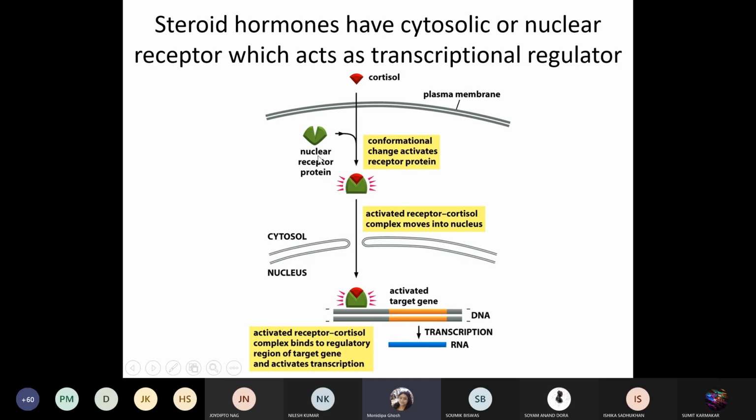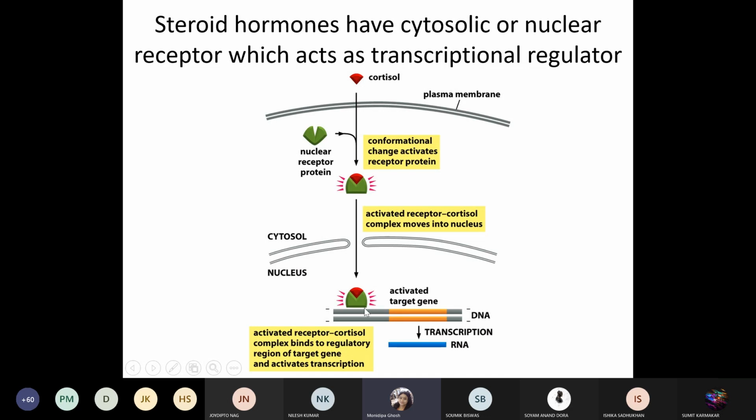So the nuclear receptor protein is a receptor protein. Inside the nucleus it has to be taken. Can you see this double layered barrier? It is the nuclear envelope. This portion is the intranuclear space, meaning inside the nucleus.